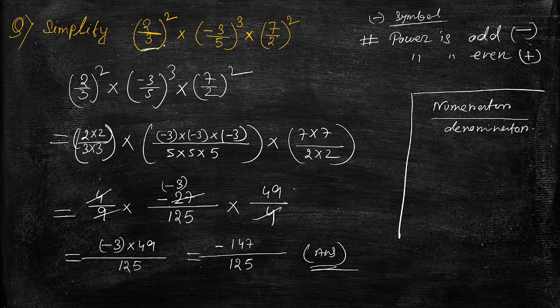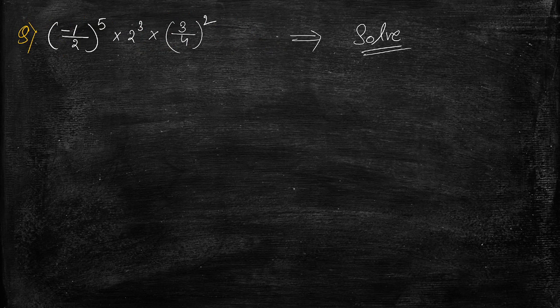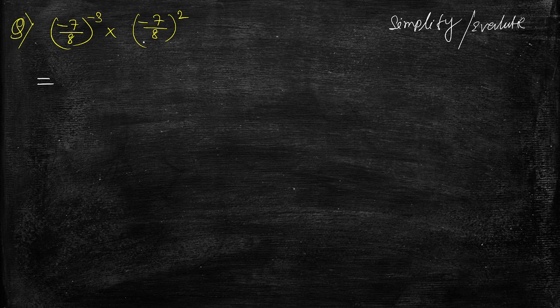Here it is 2 by 3, minus 3 by 5, 7 by 2. Bases are different. That's why we need to calculate the value, then we need to multiply. But in this question, the bases are same and this is multiplication.